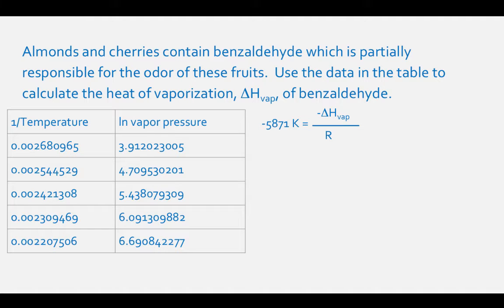The heat of vaporization therefore equals the negative of the slope times the gas constant. Since we have two negatives, this makes a positive.